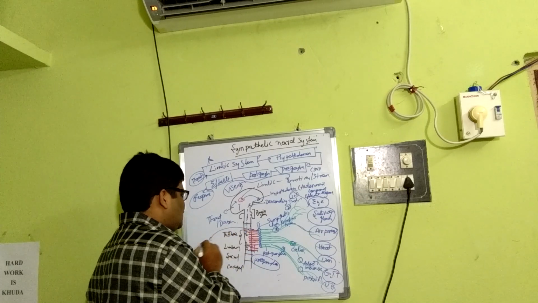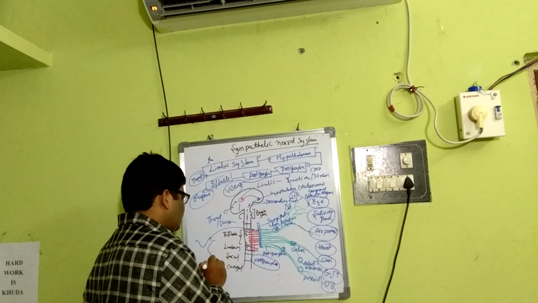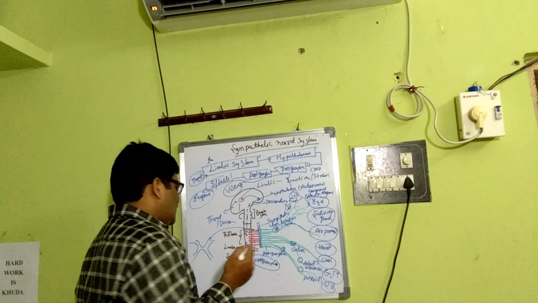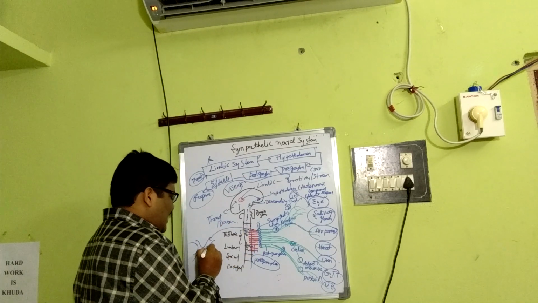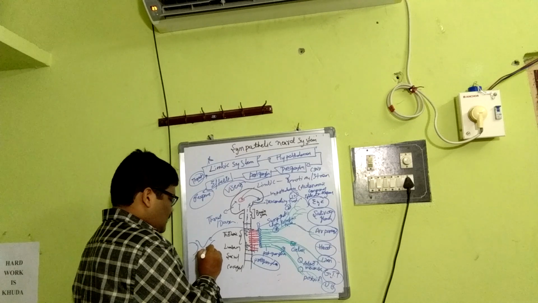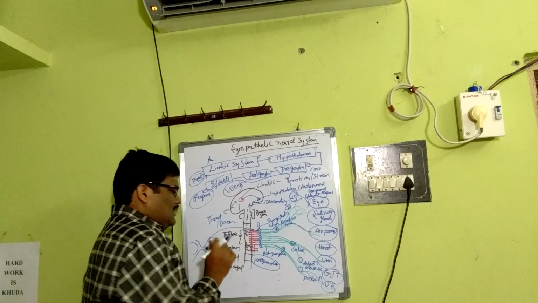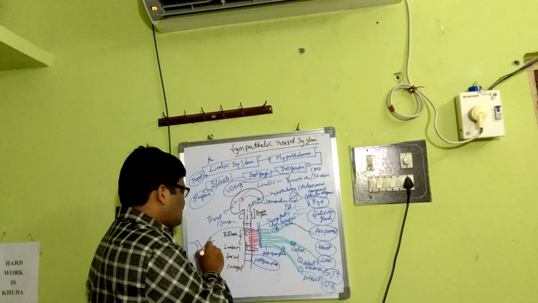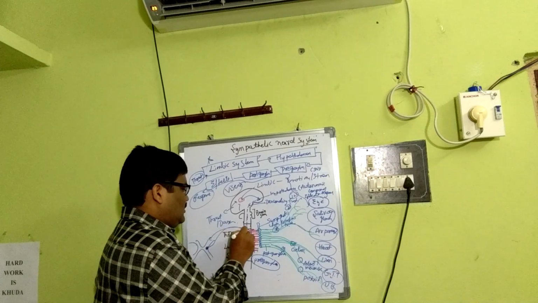If you take the cross section of a spinal cord, we know there is the dorsal horn, ventral horn, and the lateral horn. I'm not going into detail. The specialized cell body in the lateral horn gives rise to the motor neuron. This is very important.